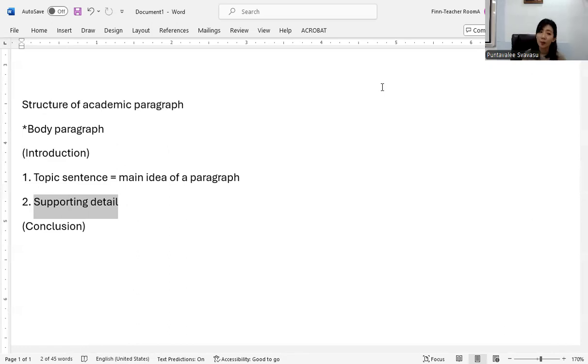If they only have the main idea, that's one sentence, and sometimes you could misunderstand it. So they have to explain more and give more details so that you can have the same picture.